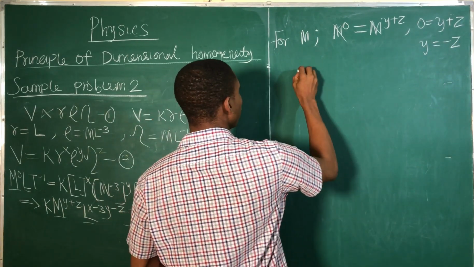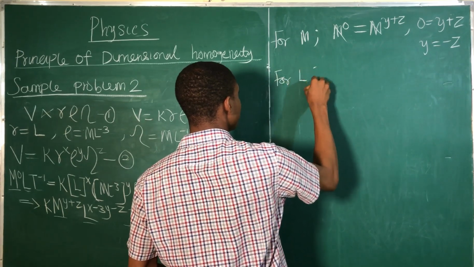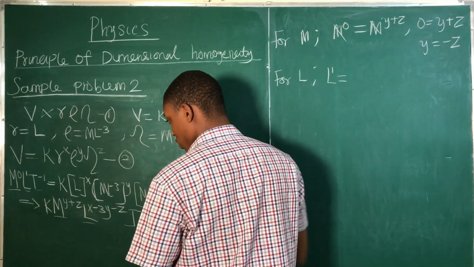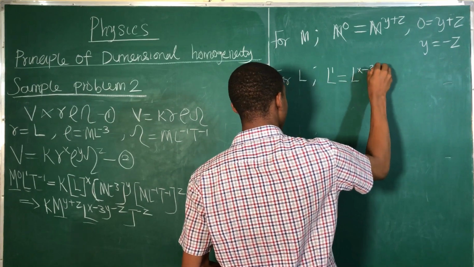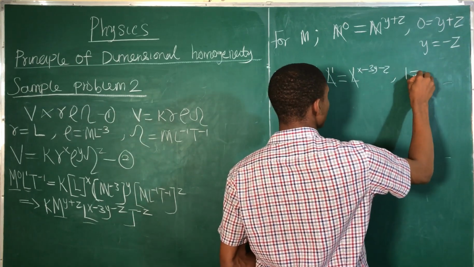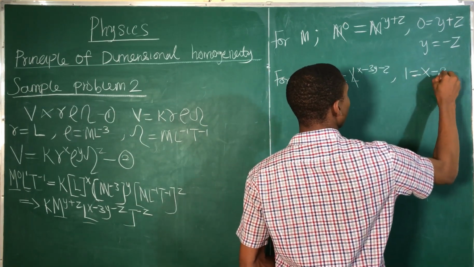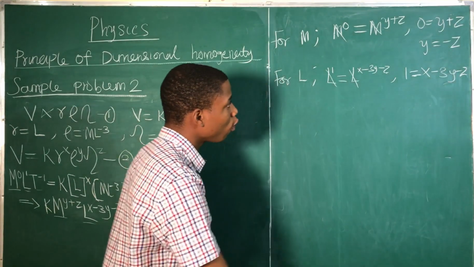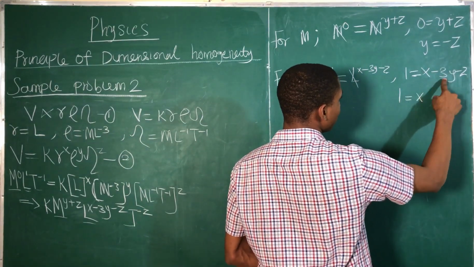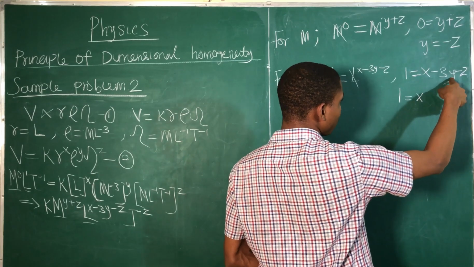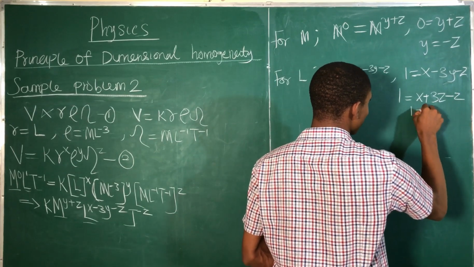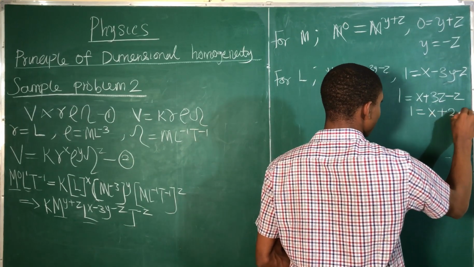Next we consider L. This is L raised to power 1, so 1 equals x minus 3y minus z. Since y equals -z, it becomes 1 equals x minus 3(-z) minus z, which is 3z minus z. So this becomes 1 equals x plus 2z.